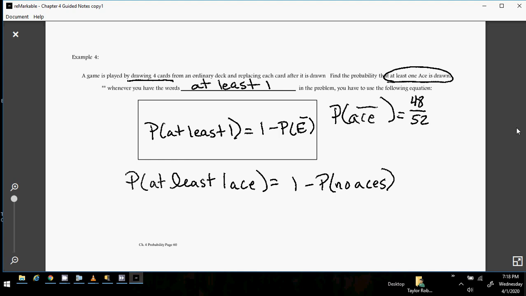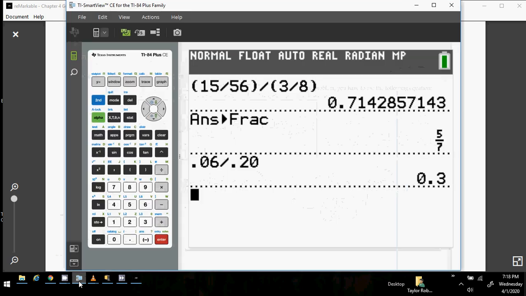We want to do this 4 times. So we want to not get an ace 4 times. So what this would look like is this. 1 minus the probability of not getting an ace is 48 out of 52, and we're going to do it 4 times, which is 48 out of 52 to the 4th power.